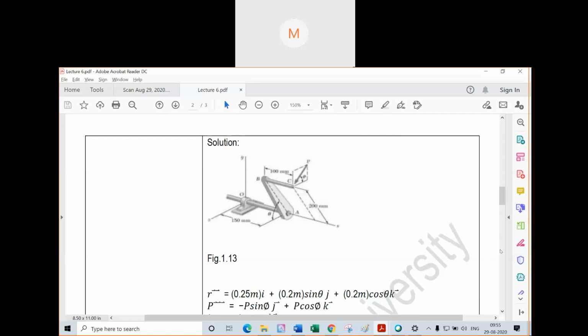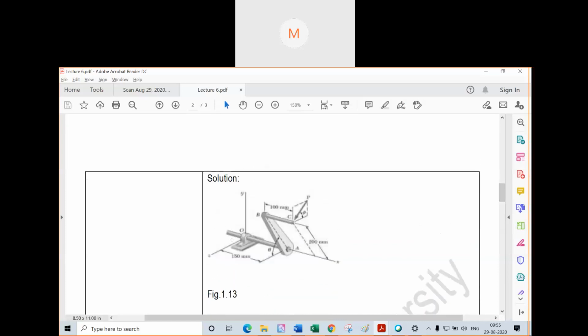I have to try doing it today. If you can't, we'll discuss in the next class. Just simply draw the diagram, or take a screenshot, whatever you want. I've given the question in the chat box. Just check it out.